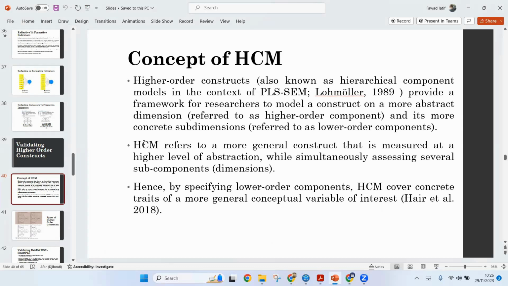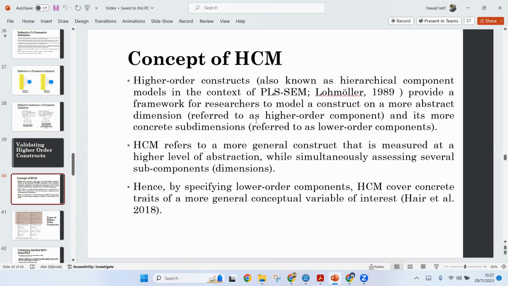If I'm measuring servant leadership, for example, there is no direct statement that actually measures servant leadership. It is the characteristics of that concept that we measure. And once we measure those characteristics, that leads us to understand how this particular concept is represented in that particular setting. And it has more concrete subdimensions, that is, lower order constructs.